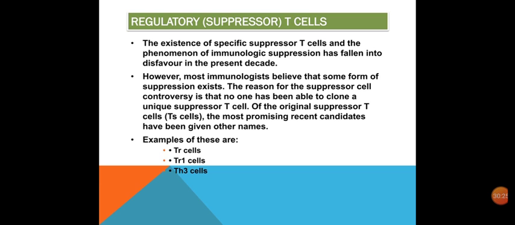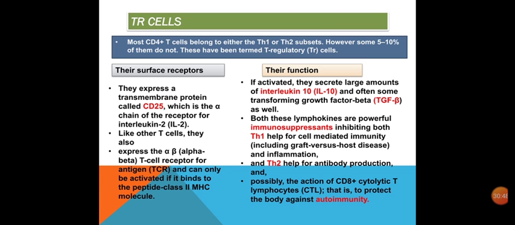The reason for the suppressor cell controversy is that no one has been able to clone a unique suppressor T cell. Of the original suppressor T cells, the most promising recent candidates have been given other names. Examples of these are TR cells, TR1 cells, TH3 cells.